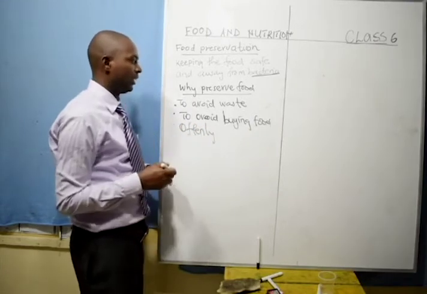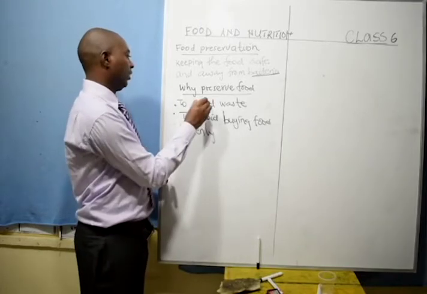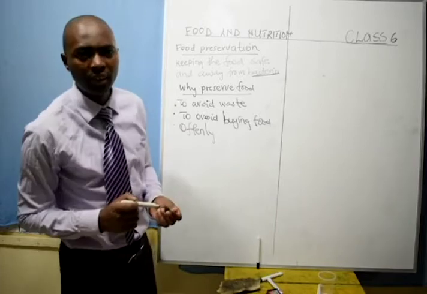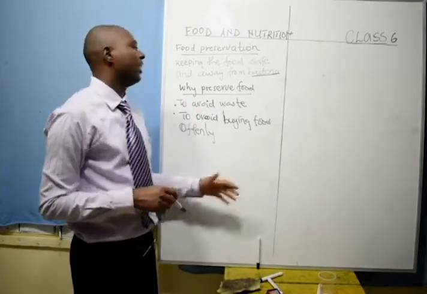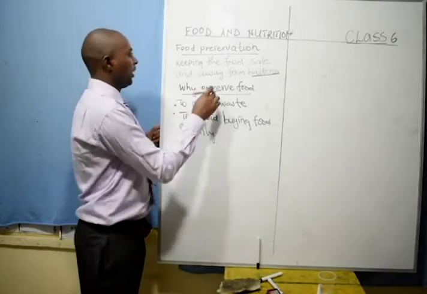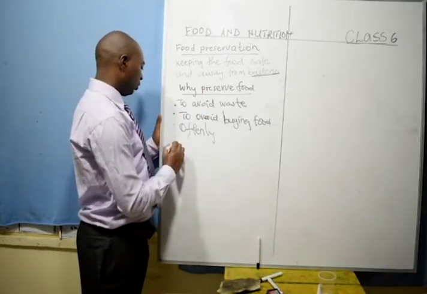To avoid purchasing food often. So we preserve food mainly because of these two reasons, which can be elaborated by other points. Then from there, we have the methods of food preservation.